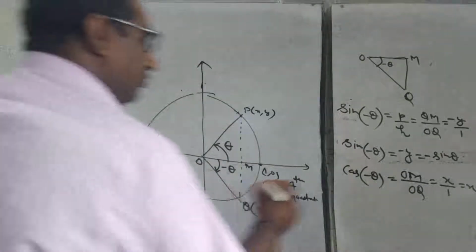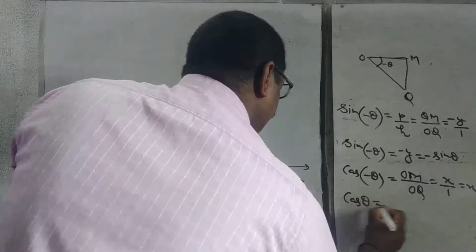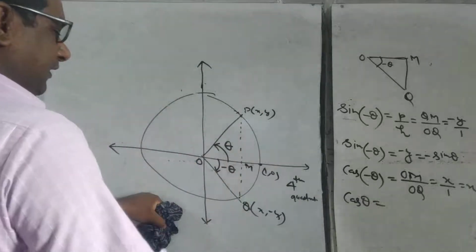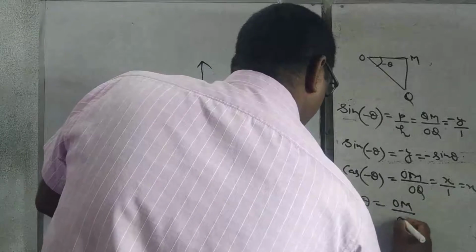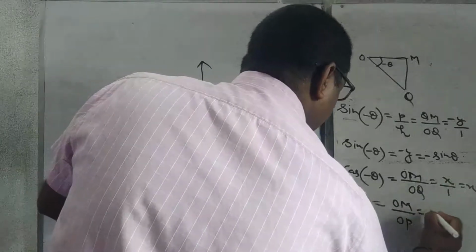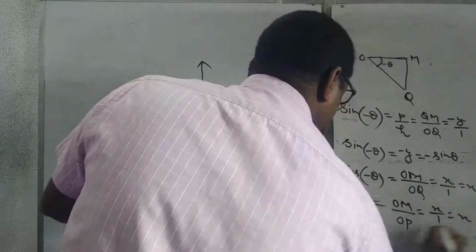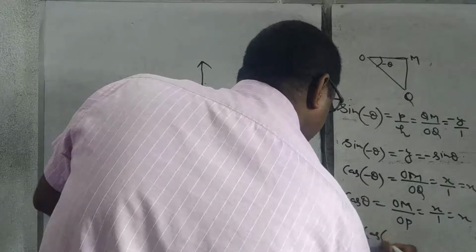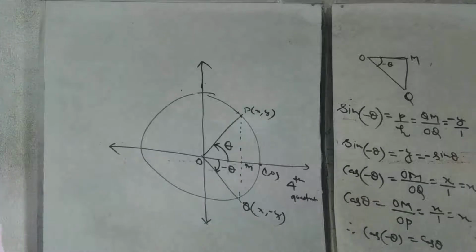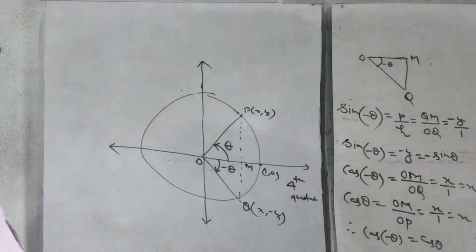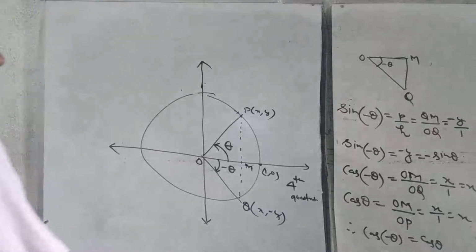Similarly, if you want to find the value of cos theta in the first figure, then cos theta is also OM upon OP, which is equal to OQ. So this is also x by 1, equal to x. Therefore, cos minus theta is equal to cos theta. So there is no effect on cos in case of negative angle.